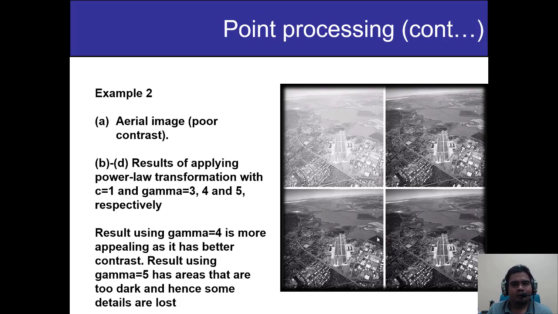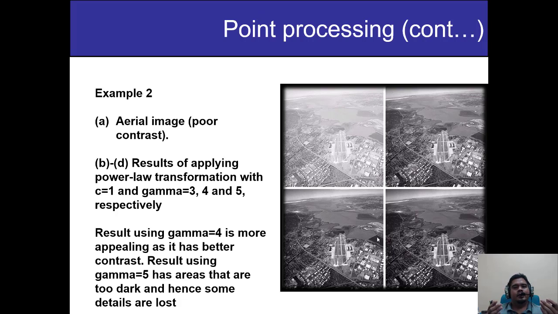So I hope you understand the advantage and the disadvantage of the power law as well as the logarithmic transformation function. Actually both have the same characteristic, and that's why they have the same advantage and the same disadvantage.